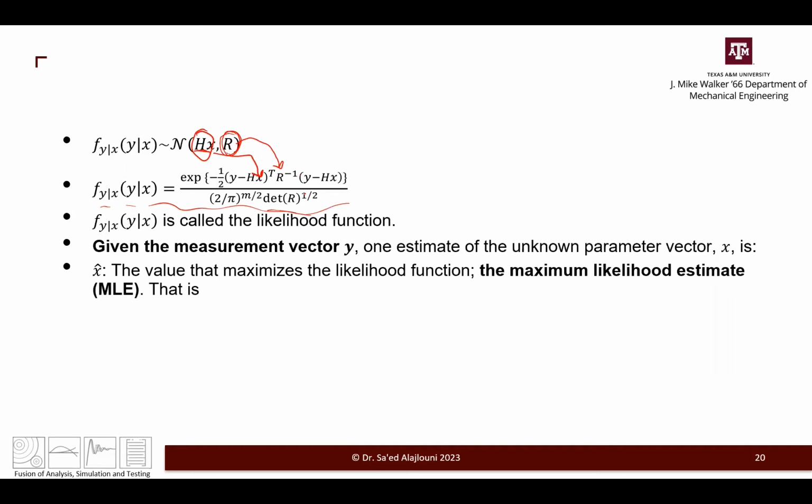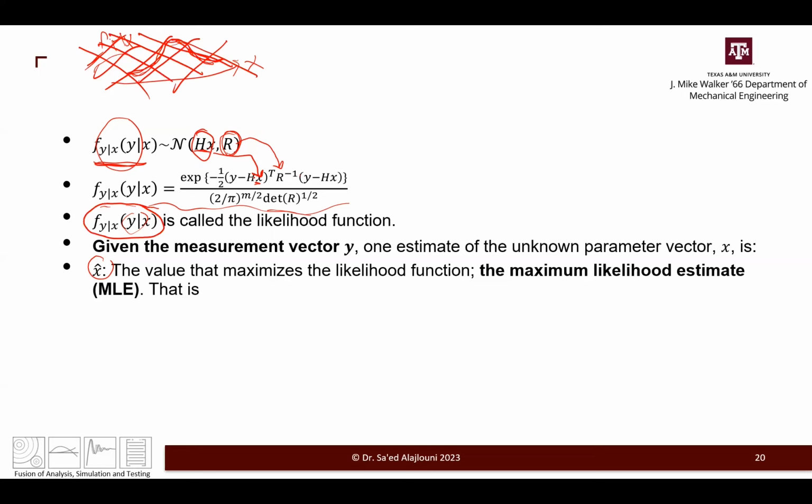So one estimate of x, which I'm going to call x hat, is the parameter that maximizes the likelihood of seeing the observations y. That's the maximum likelihood estimate. Let's look at x. Where is x? X appears in the mean. It's a parameter there that I don't know.